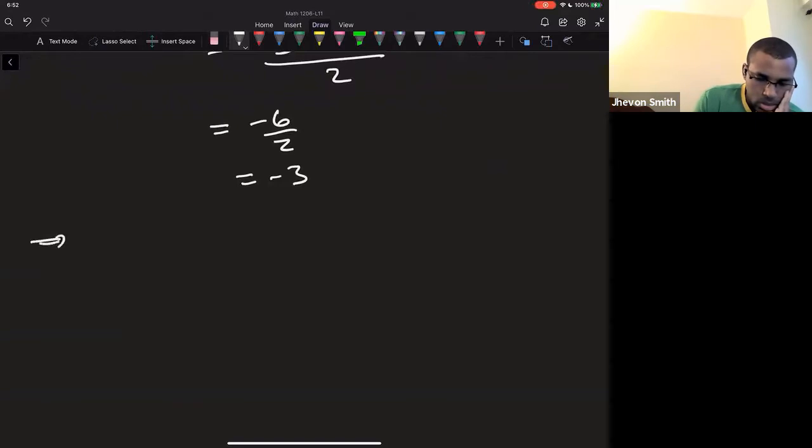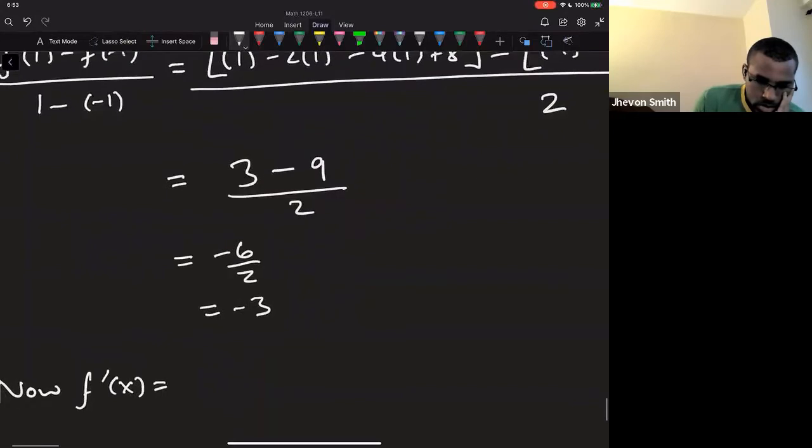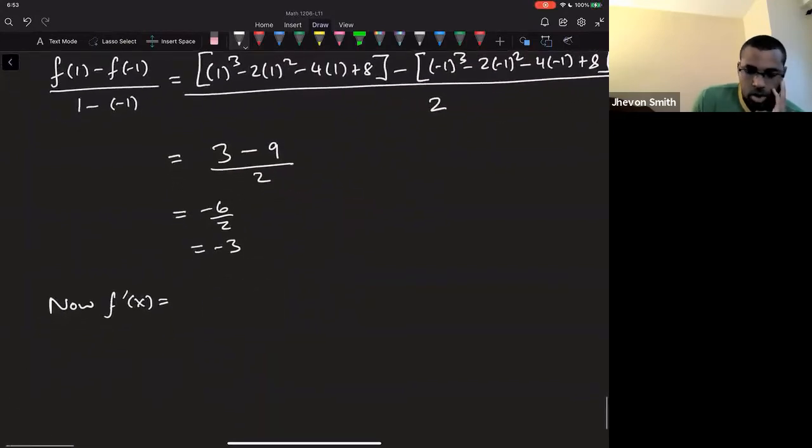Now our f prime of x is going to be 3x squared minus 4x minus 4.